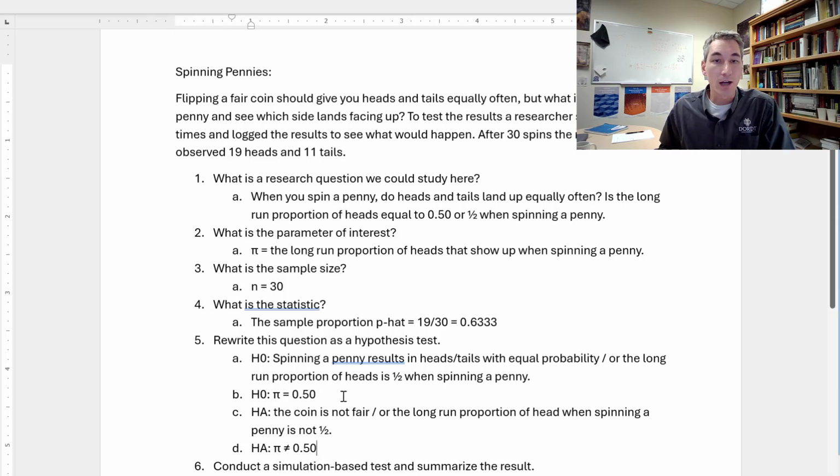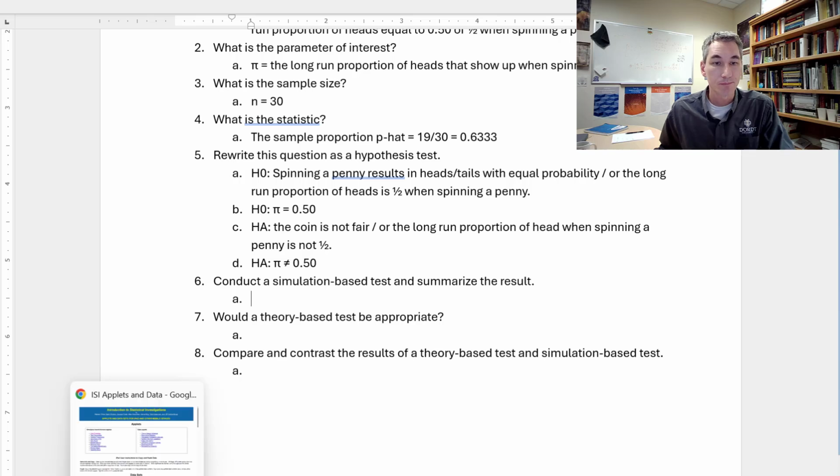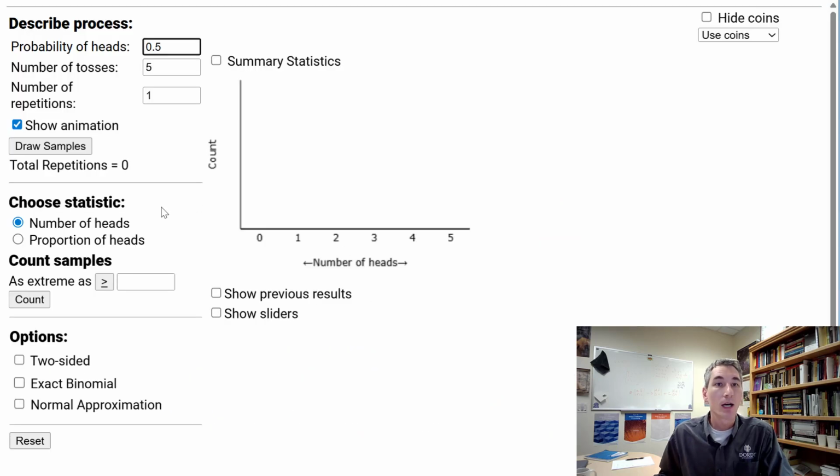All right, so now we've got our hypothesis test written up there. We've got kind of all the setup done. And the next thing is they want us to go to the applet and actually do a test. So let's jump in here to the applet, and it is a one proportion test.